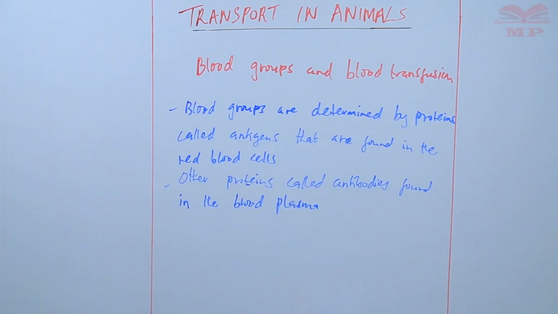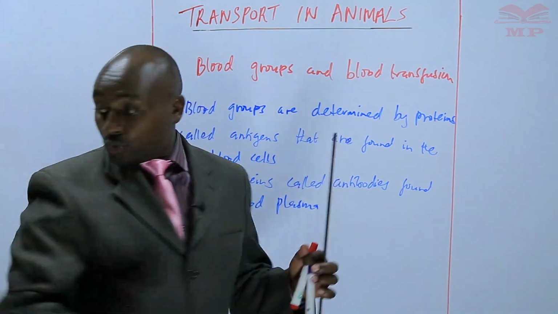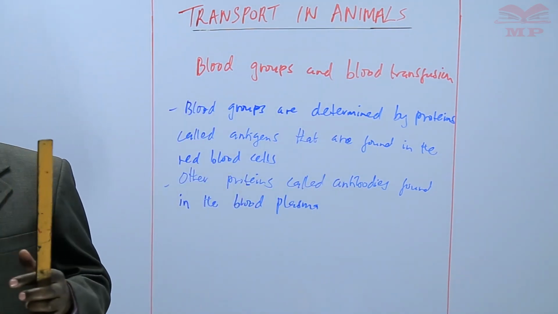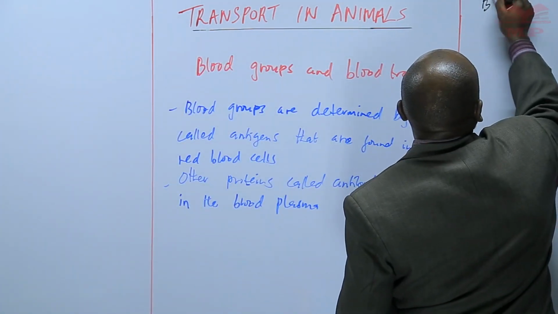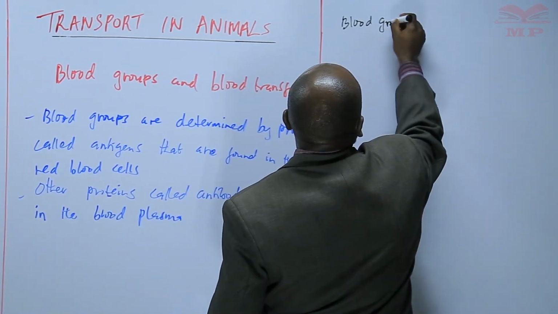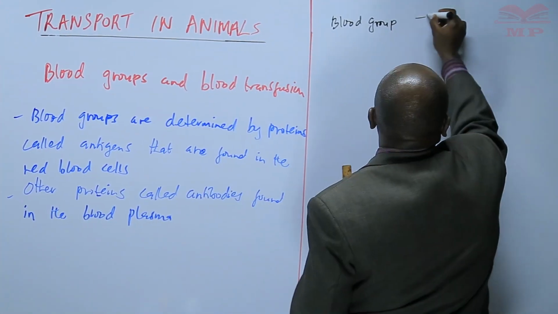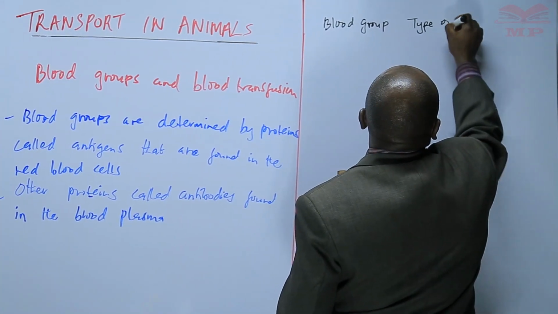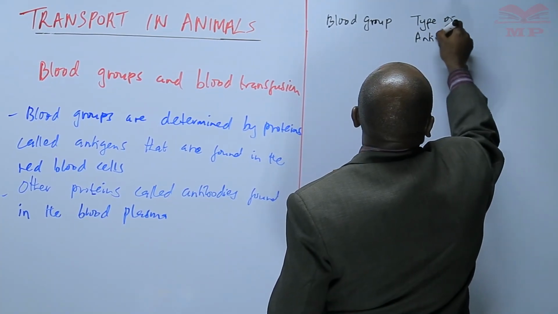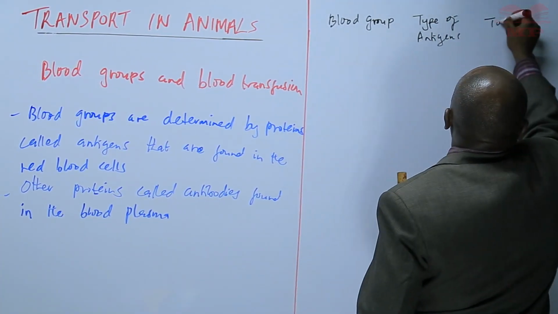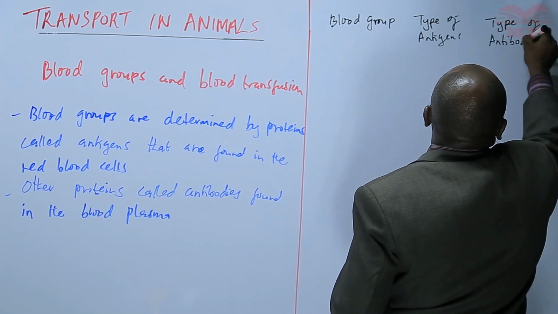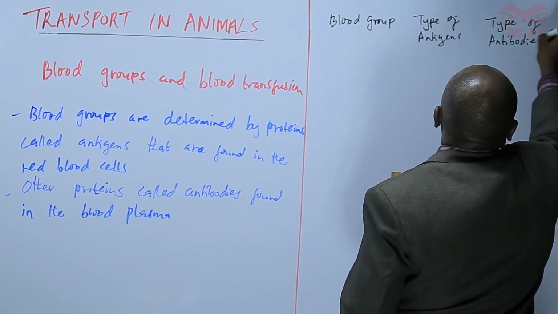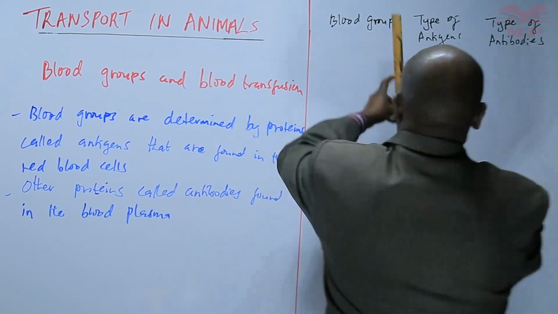So we'll have a small table that shows the blood groups. So we have the blood group, the type of antigens present, and the type of antibody that are present.